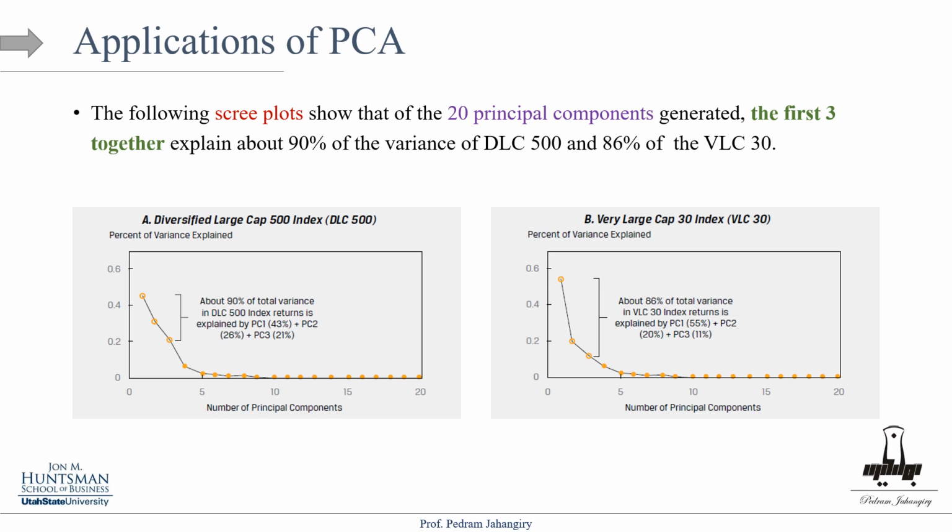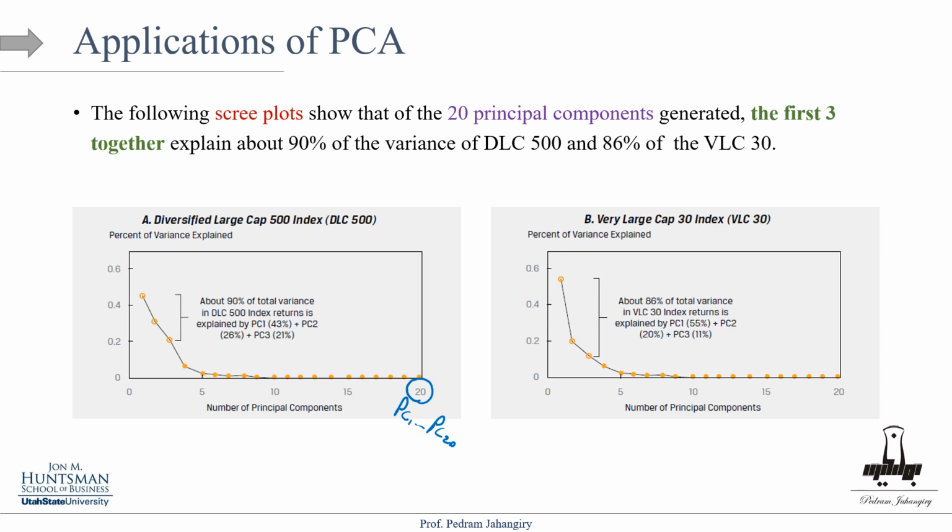If we plot the scree plot, we're going to see that this is actually very exciting for these two portfolios. Imagine we went from 2,000 dimensions to 20. We calculated principal component 1 through principal component 20, and then we are looking into the scree plot.